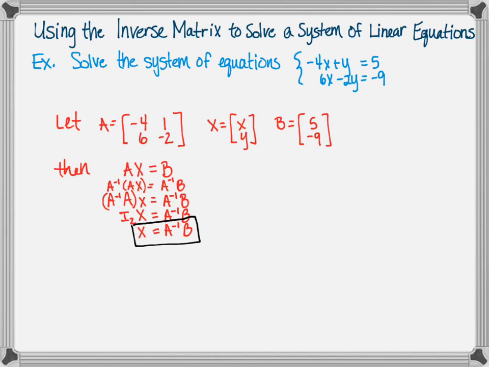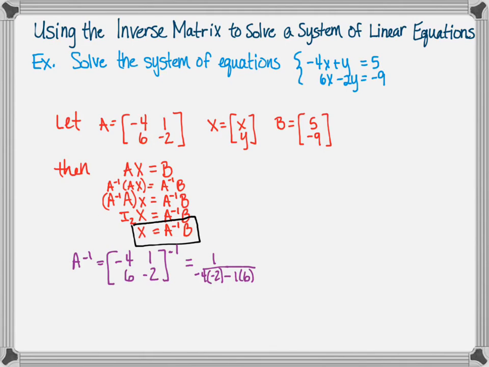So in our example, matrix A is negative 4, 1, 6, negative 2. We can find its inverse using either of the methods that we know for finding inverses of matrices. I'm going to use the formula. So we're going to find the inverse of negative 4, 1, 6, negative 2.